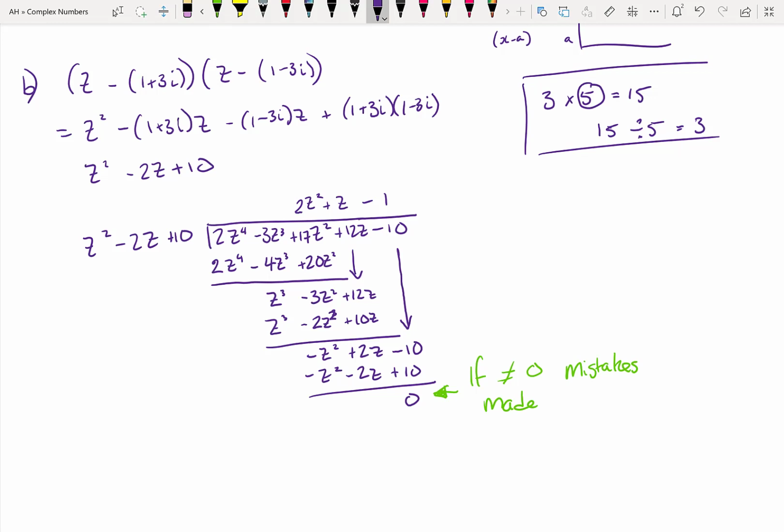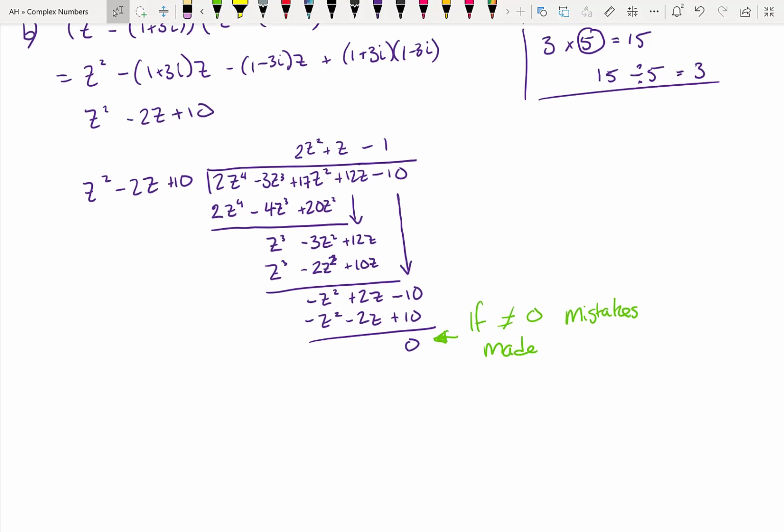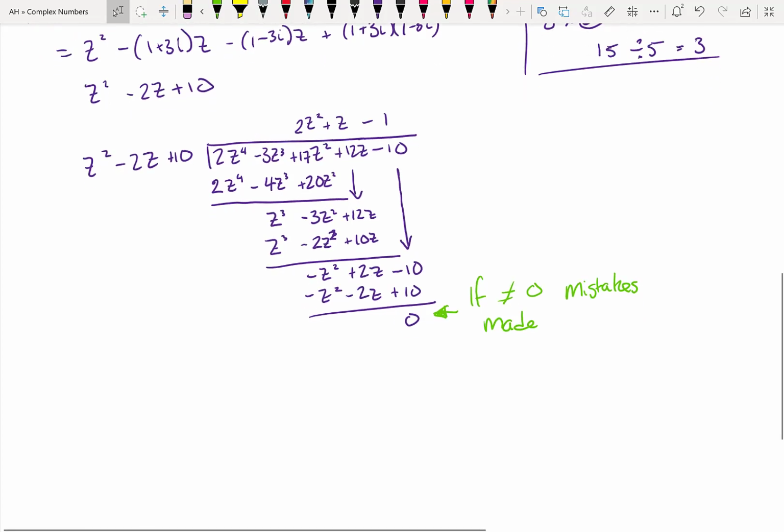I'm just coming back up to this bit here. When I knew these two things multiplied to give me 15, I rearranged it to divide. If I did it and I got a remainder, that means it doesn't divide exactly, but I know it has to. That's what we're thinking about here. So what I know is that my other factor has to be 2z squared plus z minus 1.